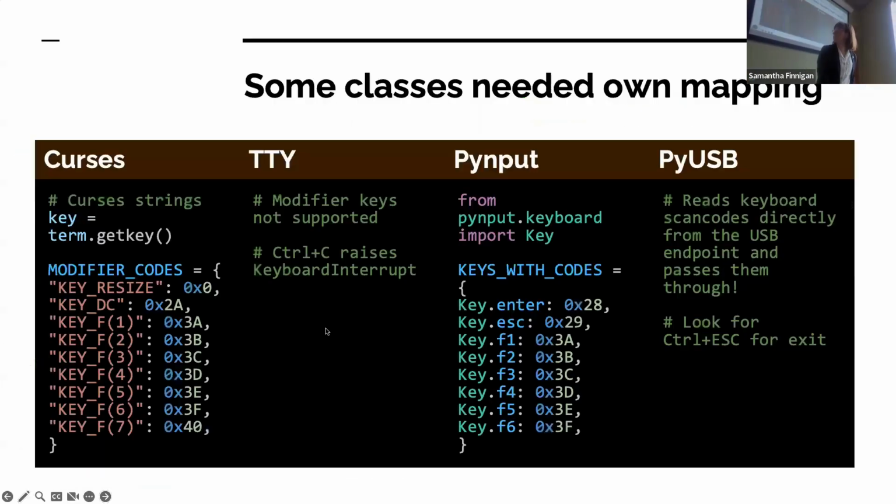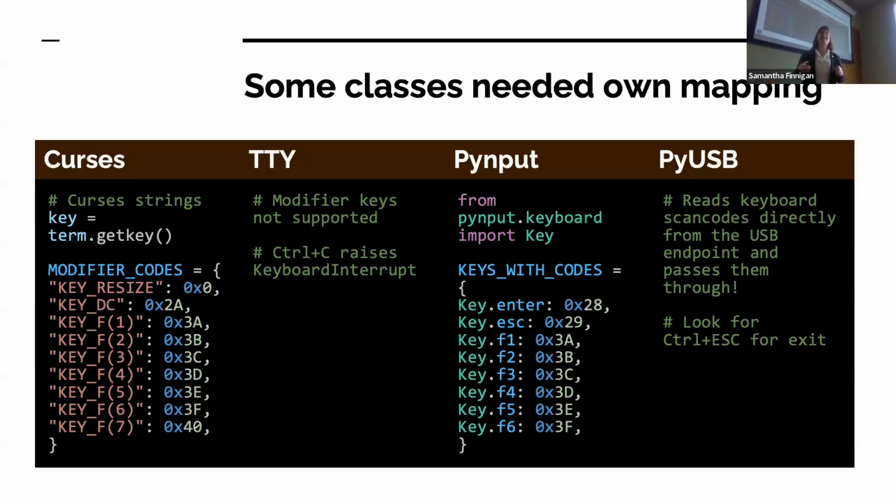So where are we? Focus back to that. Some of these classes needed their own mappings. PyUSB was really easy because what you're getting into PyUSB is keyboard scan codes. So keyboard scan code in, keyboard scan code out. Great. Not so great, TTY is just going to give you an alphanumeric character of whatever key you pressed.